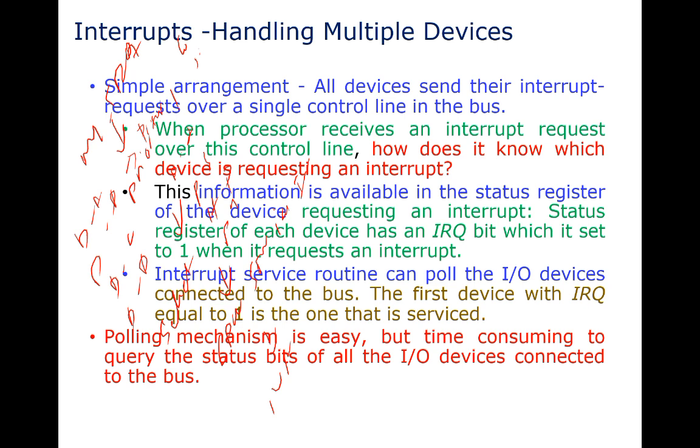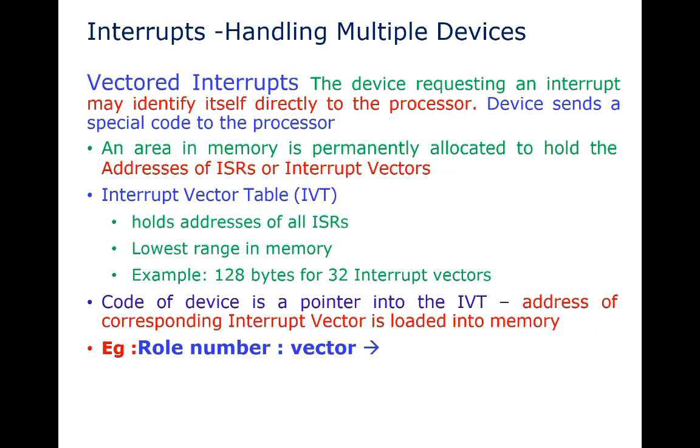The next topic is nested interrupts. Interrupt nesting means a processor is already executing an interrupt service routine for a lower priority interrupt, and then a higher priority request arises.